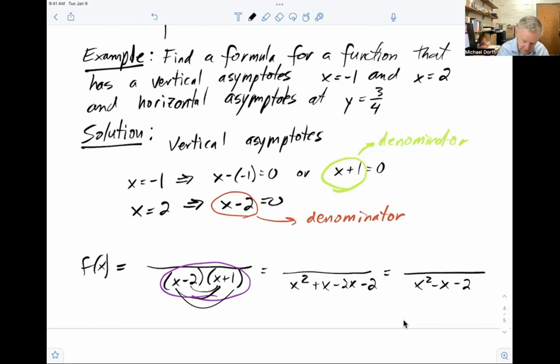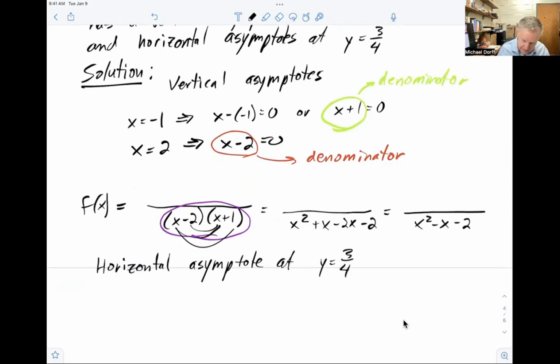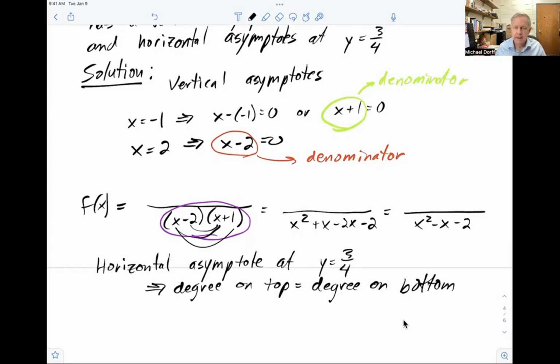Since there's a horizontal asymptote at y equals 3/4, that tells me that the degree on top equals the degree on the bottom. Because if they didn't have the same degree, then either there would be a horizontal asymptote at 0, or the limit would go off to infinity. The only way it can go off to a non-zero number, or not to infinity, is if the degrees are the same.